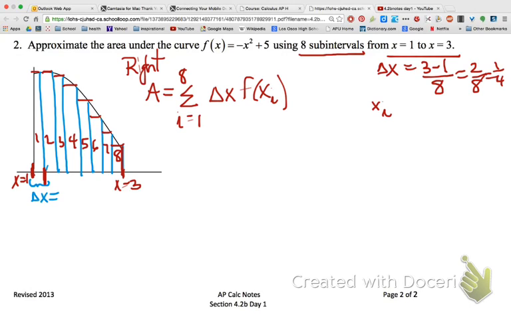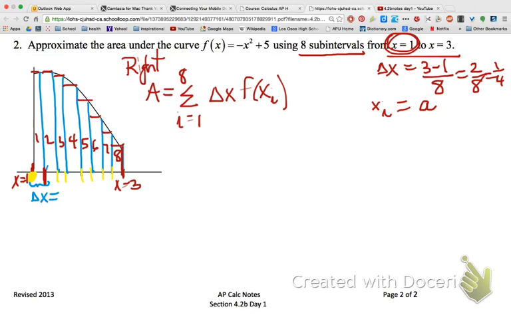I'm going to need f of x sub i, but first I'll have to find x sub i. And any x value that I would find, remember those are all these values here, is from starting at the first x value, which was 1. We call that first one a.